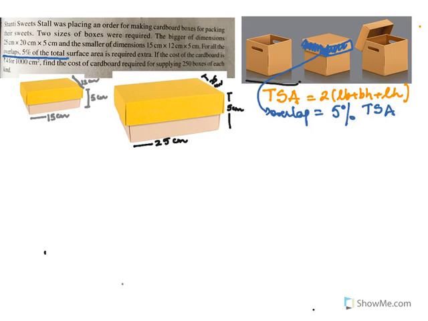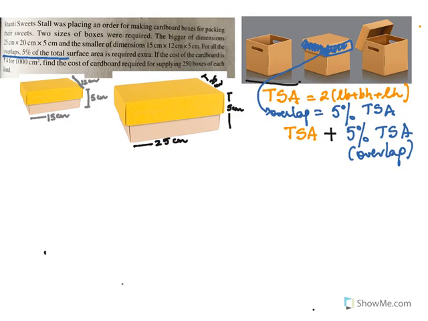So in making these boxes, we don't only require TSA, we require the TSA plus 5% of TSA for the overlap.